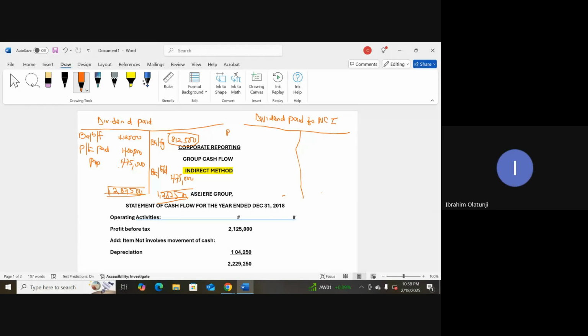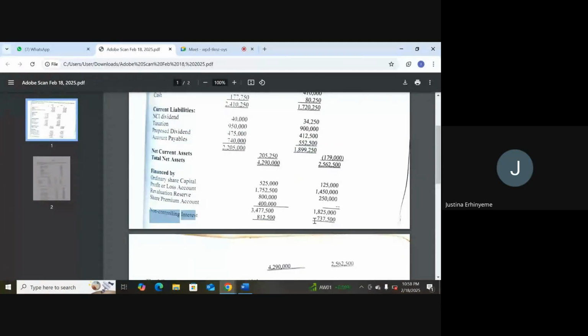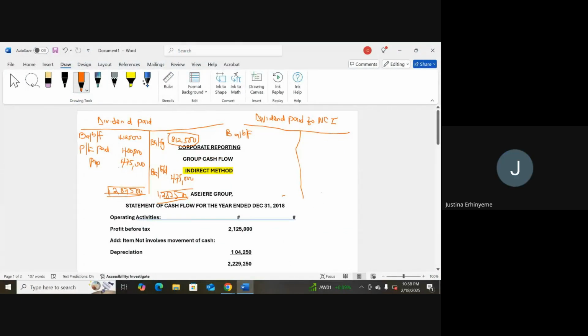It's an expense and it has a debit balance, because you are the one paying the dividend. Balance brought forward. So what's the opening balance? 737,500.